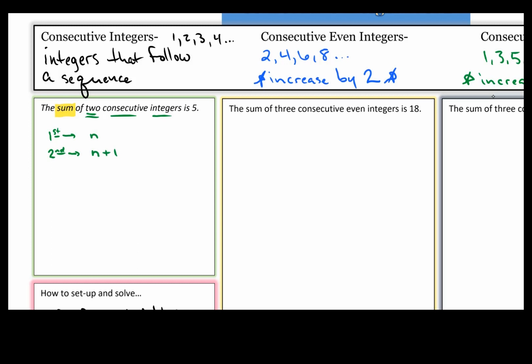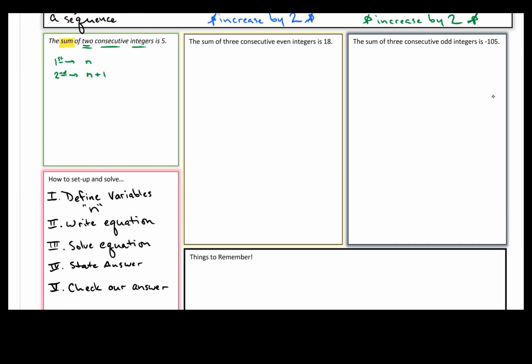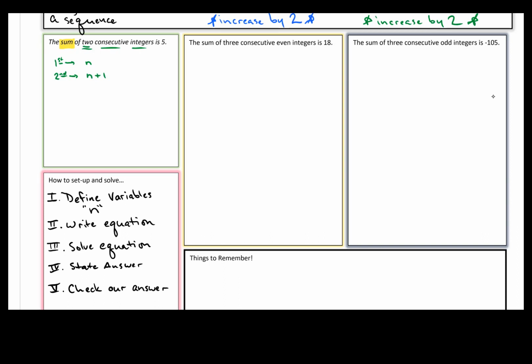Now the next thing that I'm going to do is write my equation. Since it says sum, I'm adding these two: the first integer plus the second integer. And when you add those together, they should equal 5. So this is like saying n plus n plus 1, if we just substitute up here.